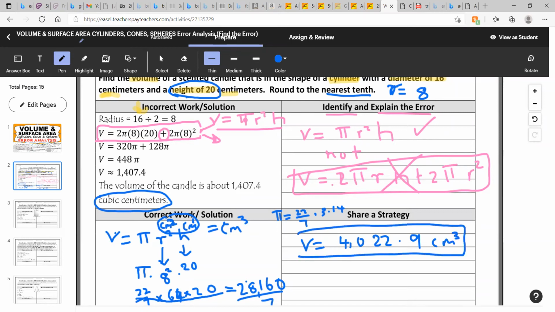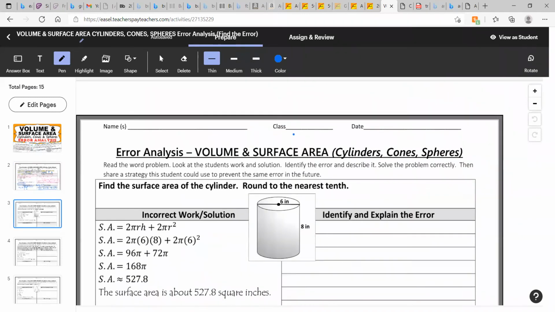So this was a strategy to solve this problem. Okay, so you might want to pause your video and try this problem.